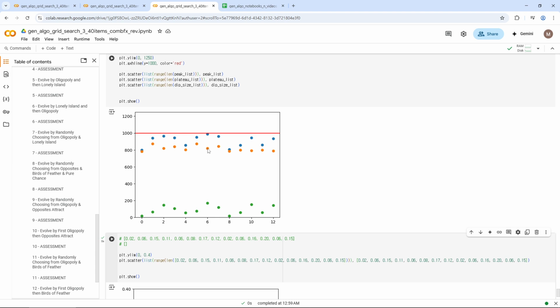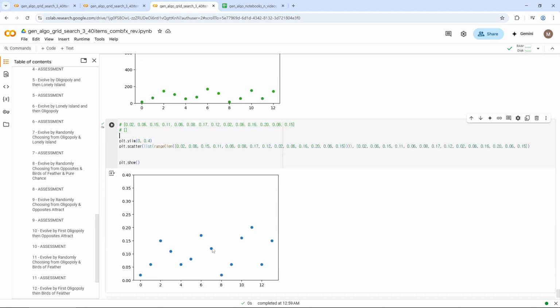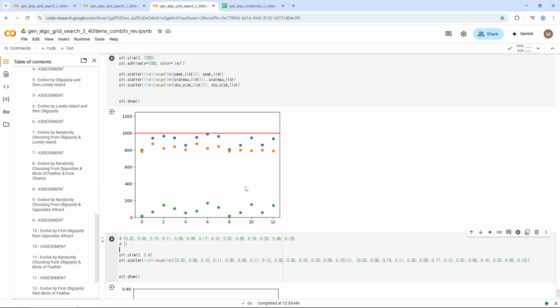So if the blue dot is closer to the red line and the orange dot is closer to the blue dots, that's good, which would automatically make the green dots go low, and the dip percentages also will go down. So I need that.